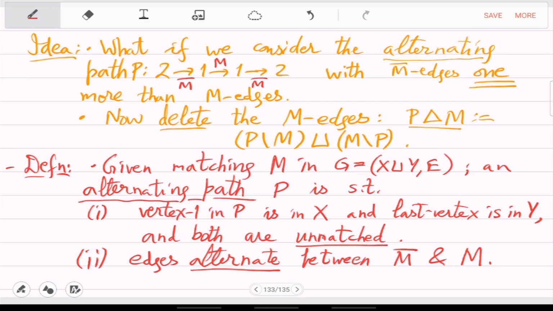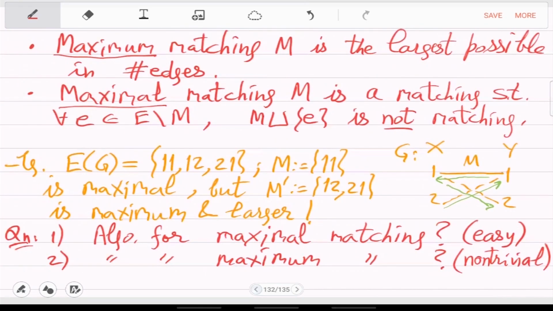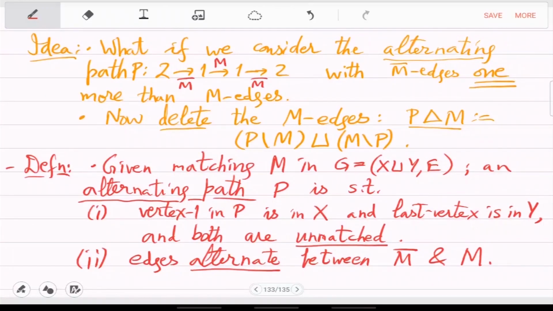In the end, again, you have to end in an unmatched vertex, so that also will be M complement. This was true in this example. It started with 2, it took an M complement, then M complement. Okay, so this trivial example's properties give us this definition of an alternating path in general.